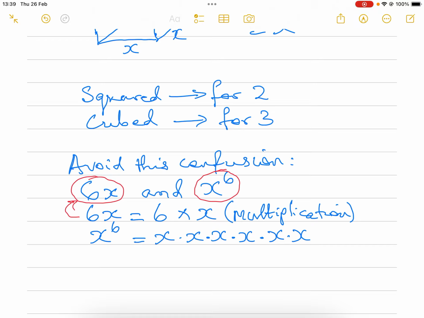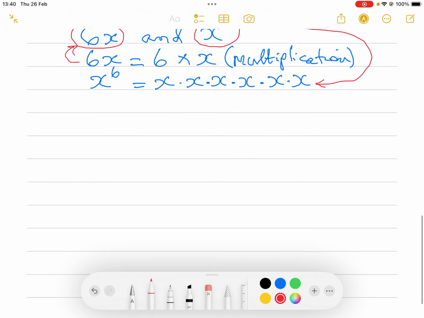This is 6 times x, multiplication by 6. And this one is repeated multiplication: x times x times x times x times x times x. So this helps to prevent future confusion. We need to avoid that confusion.